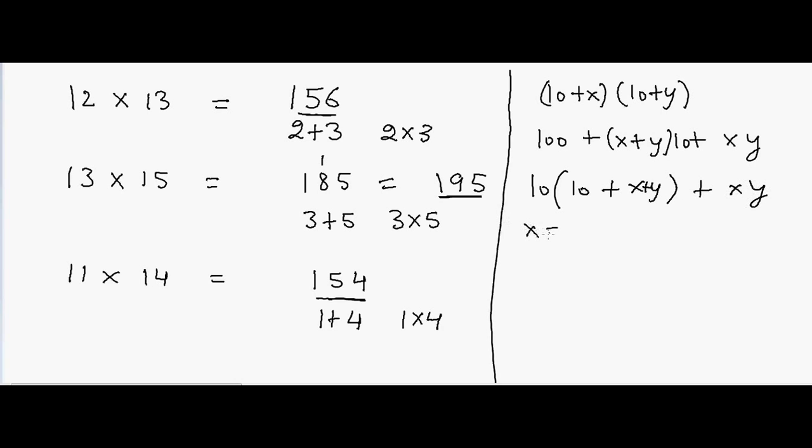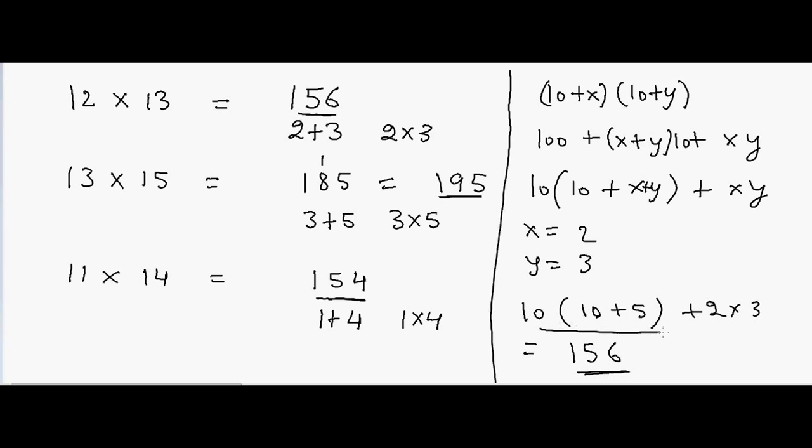So if x is equal to 2 and y is equal to 3, you can see it will be equal to 10 into 5 plus 2 into 3. So that will give me 150 and then 6. So it will go to the 10th place. That's how this trick works.